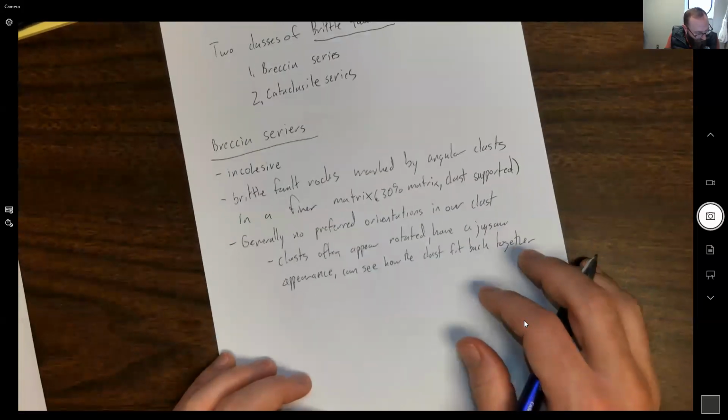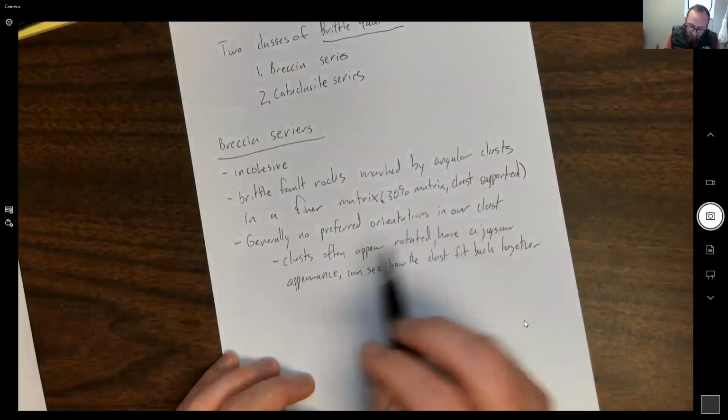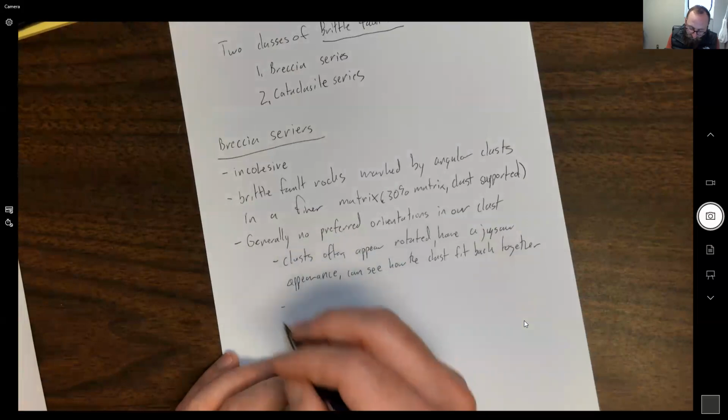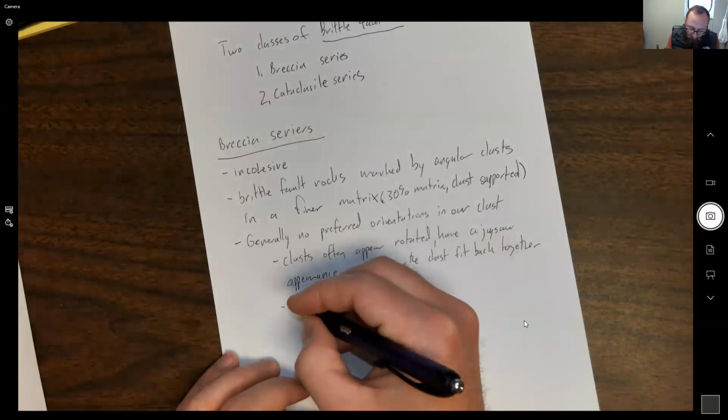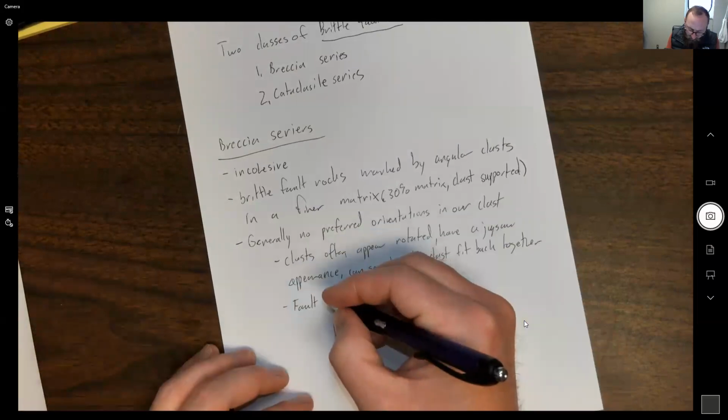And even though there's no preferred orientation in our clasts, and we'll look at this in detail a little bit more, the fault zone often has an architecture to it.